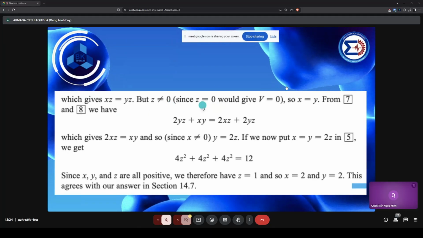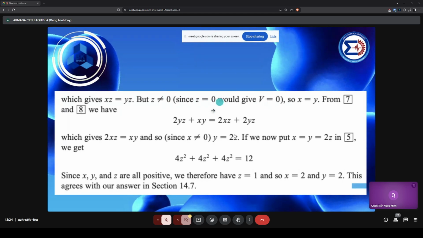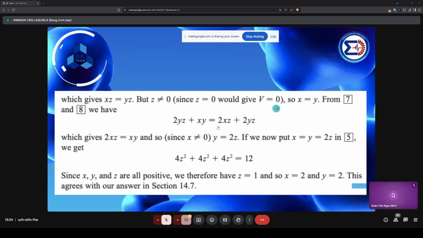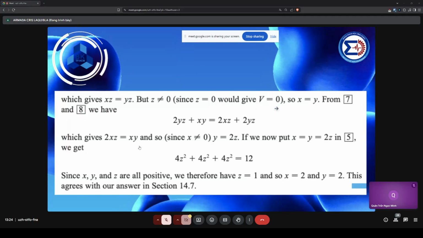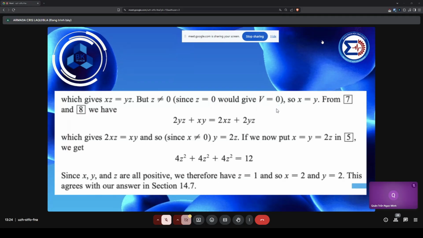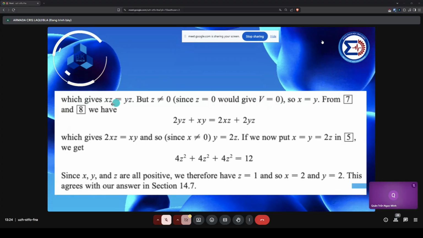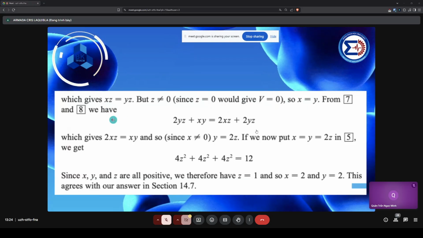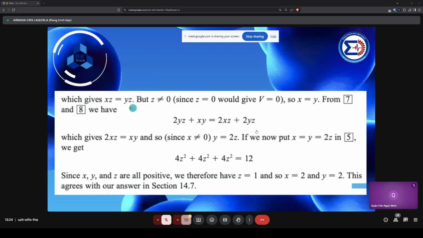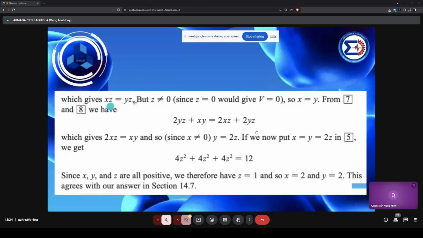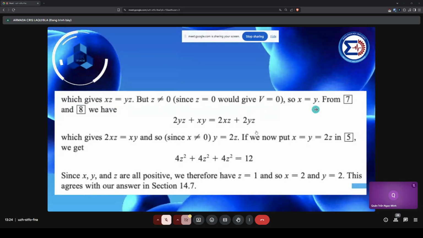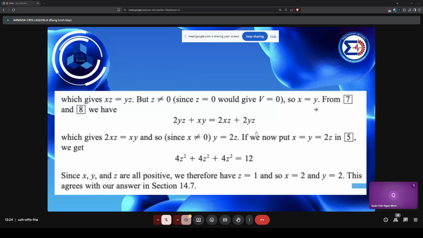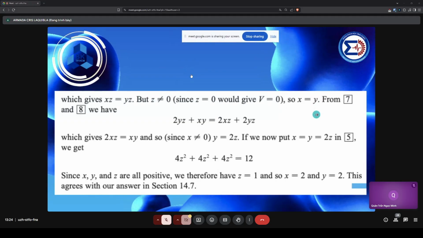Correct? Because if your z is 0, your volume becomes 0, because your volume formula is x times y times z. Since z is not 0, we can divide by z both sides, because it is just a number. You cancel out z, and your x is equal to y. So from 6 and 7, your x is equal to y.